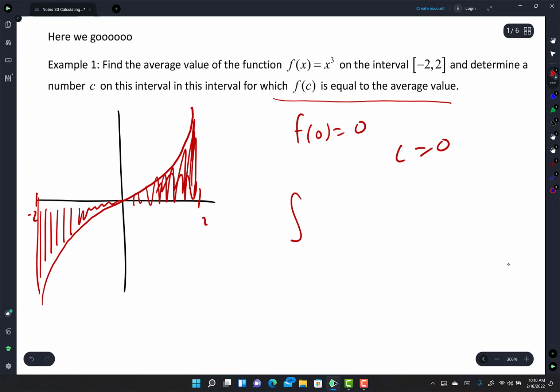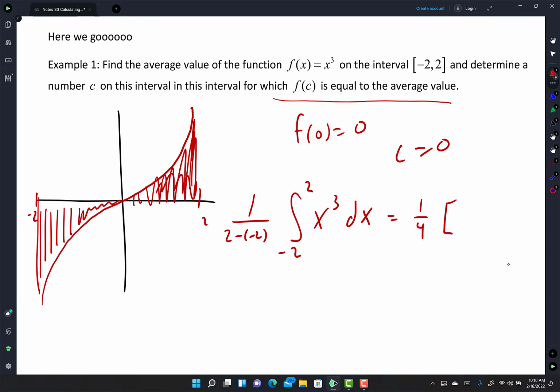So I'm going to go integral -2 to 2 of x cubed. This looks easy enough. Of course, I still have 1 over 2 minus -2, so that's a 1/4 in the front. Antiderivative of x cubed is x to the 4th over 4.